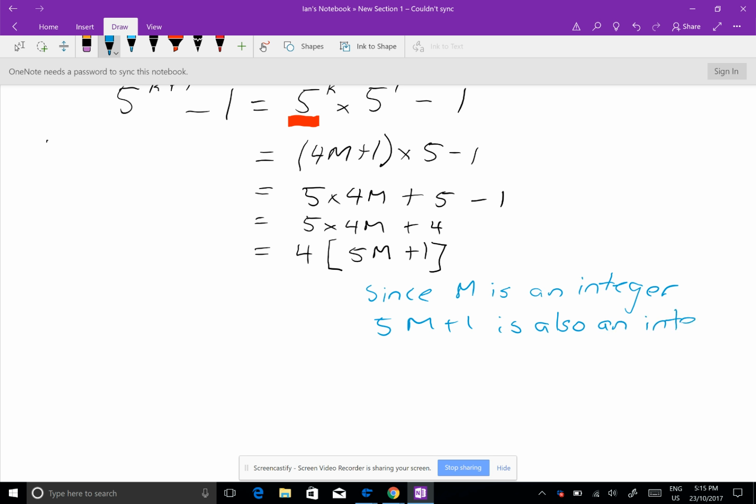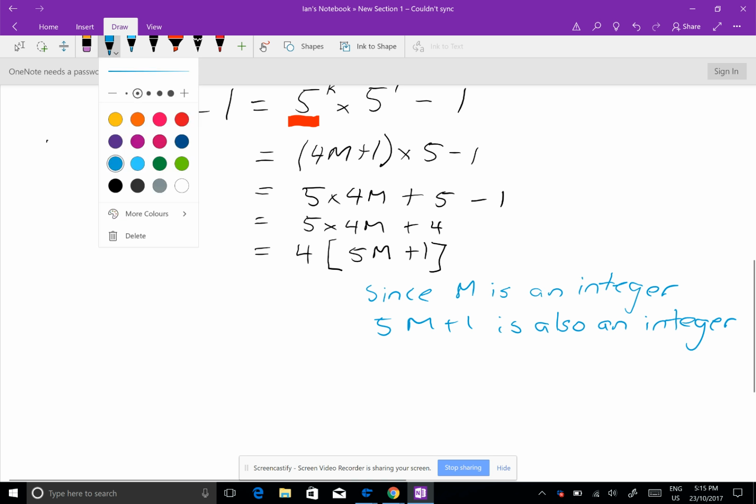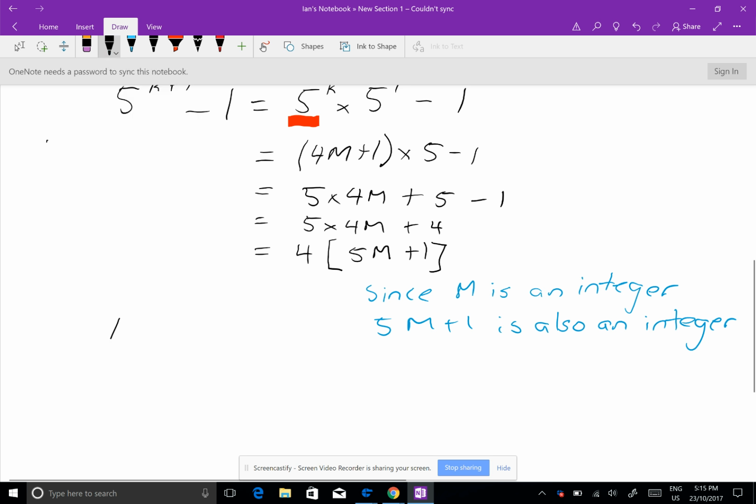You don't really need to say that, but I'm doing it now so you can understand what you've got. Hence, thus true for n equals k plus 1.